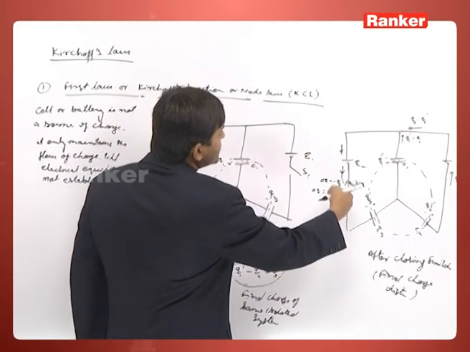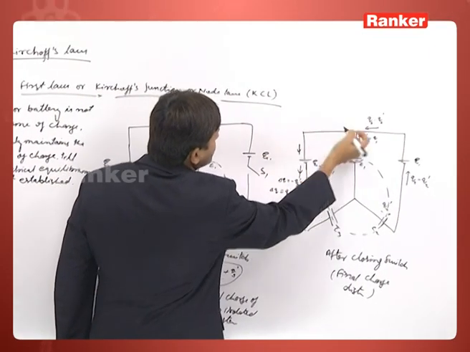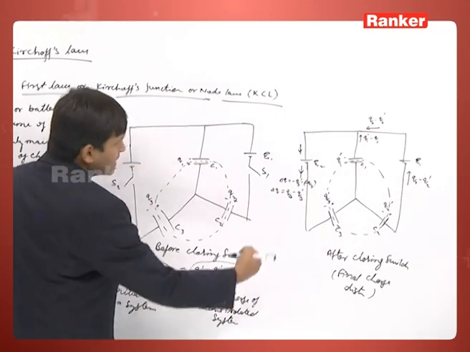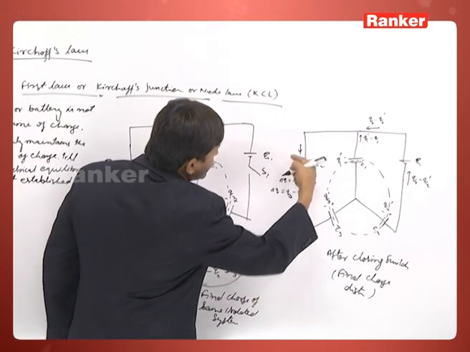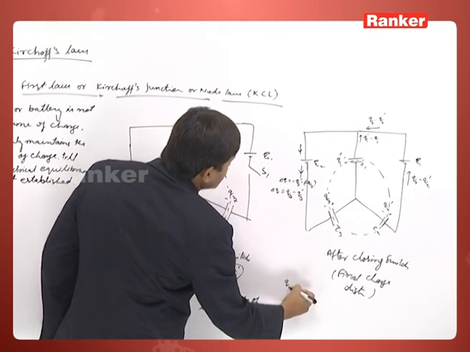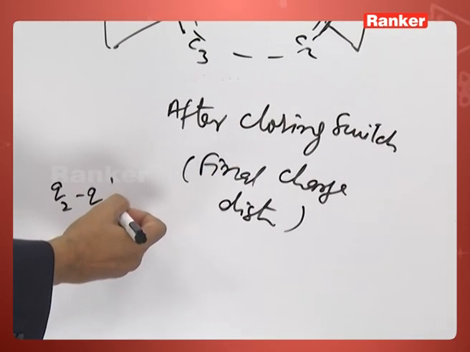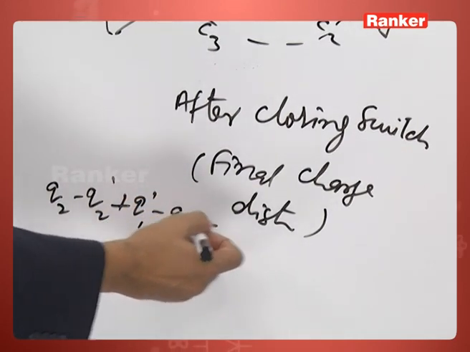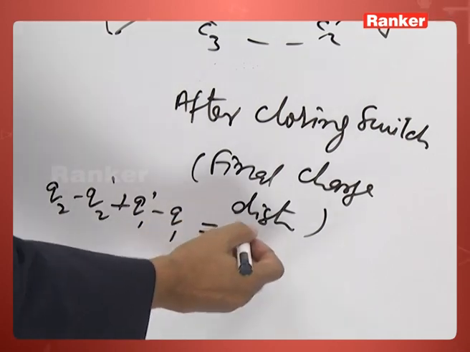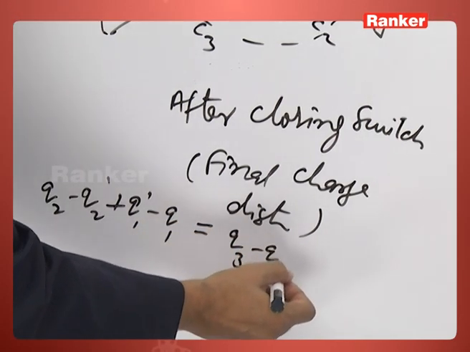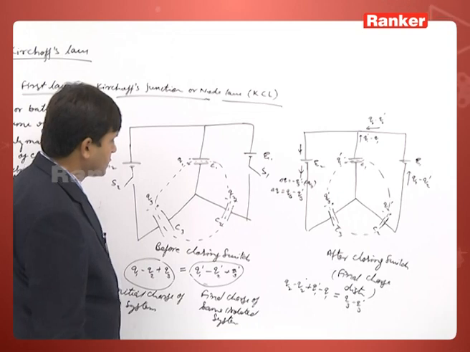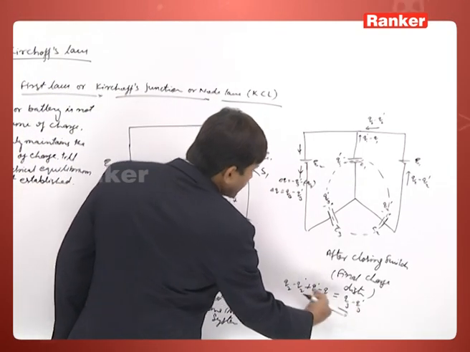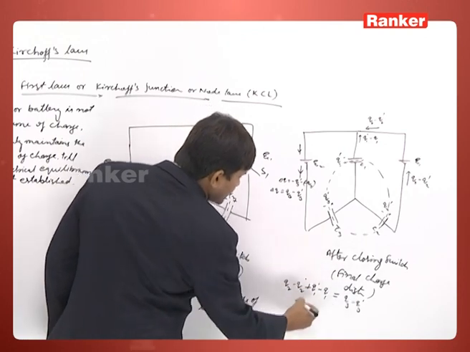The total charge coming here, we can add these two. Again we can write: how much charge is coming here? Q2 minus Q2 dash plus Q1 dash minus Q1, and the amount of charge leaving is Q3 minus Q3 dash. Now see, we can bring the dash terms to one side and the other terms to the other side.